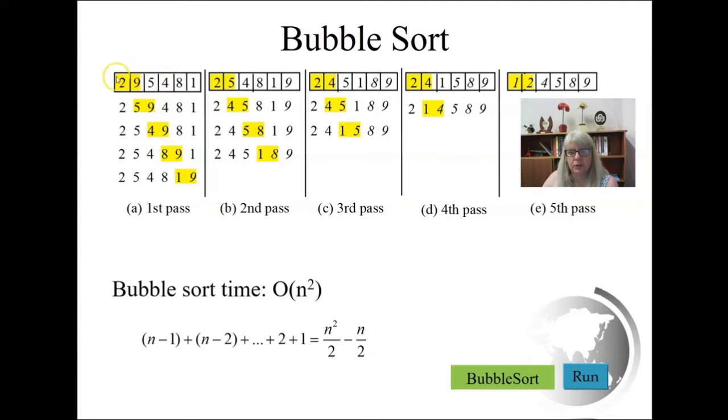You read the 2 and the 9, compare, and then you swap if needed. You don't swap it because 9 is larger than 2. Then the 9 and the 5 are compared, then you swap it. The 9 and the 4 are compared, then you swap it. The 9 and the 8 are compared, then you swap it, and so forth.